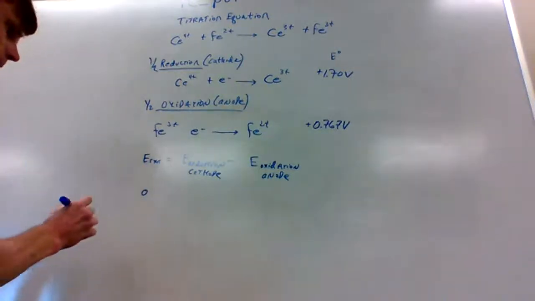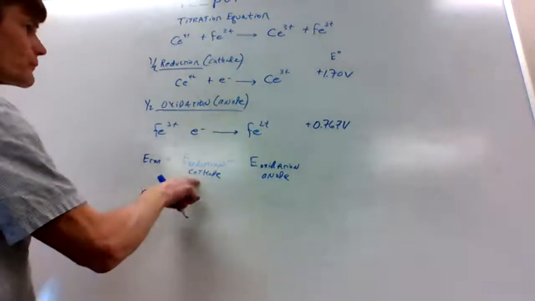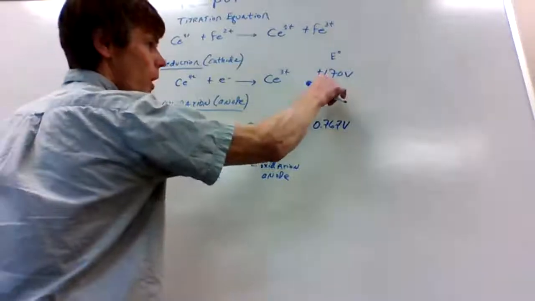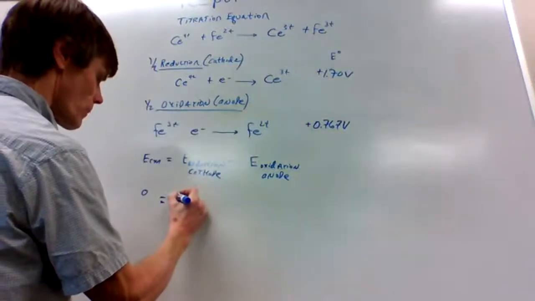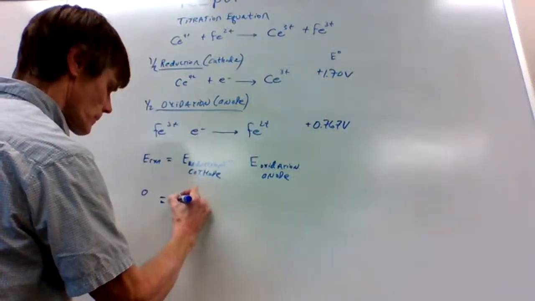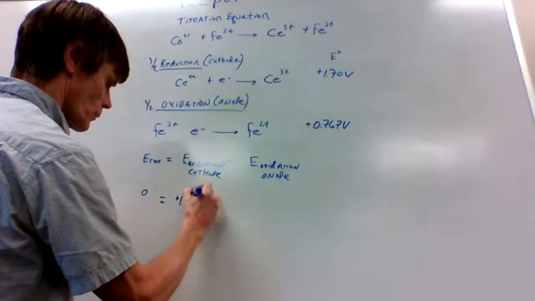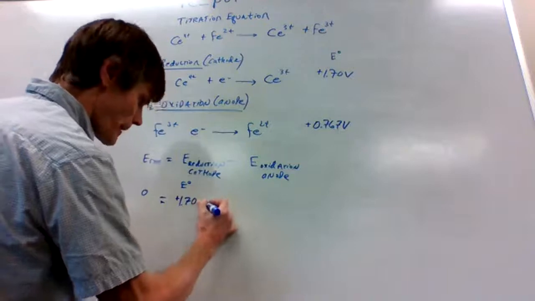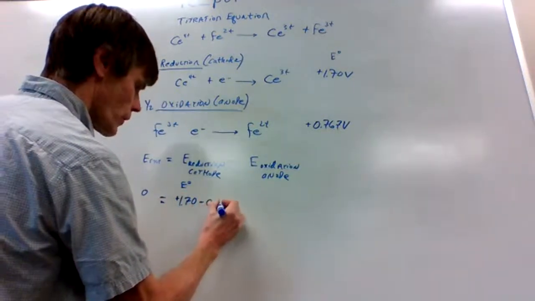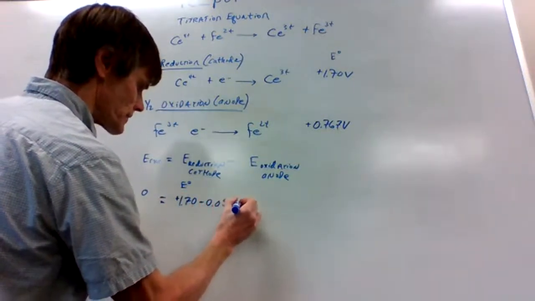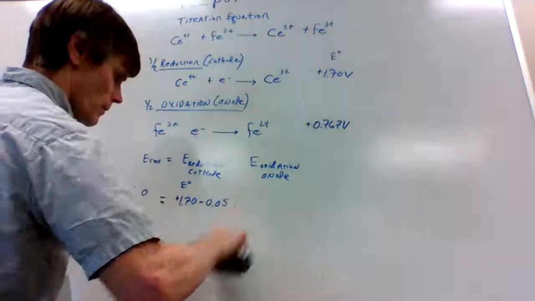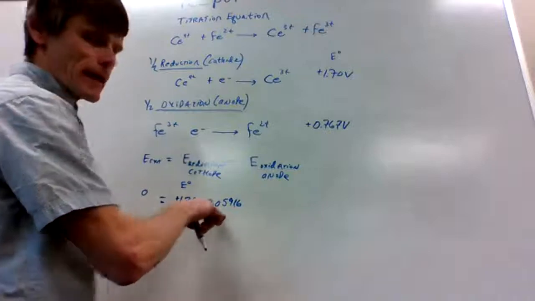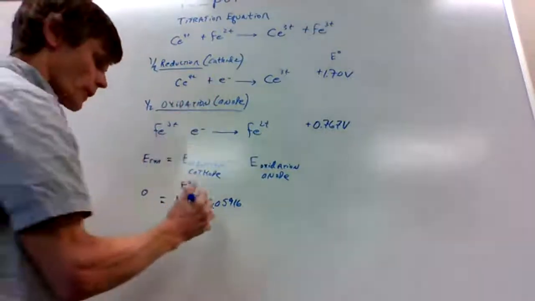And what we get, the E for the reduction half reaction is equal to positive 1.70, which is our E naught value, minus 0.05916, divided by n. N is equal to 1, so we don't even have to write that.